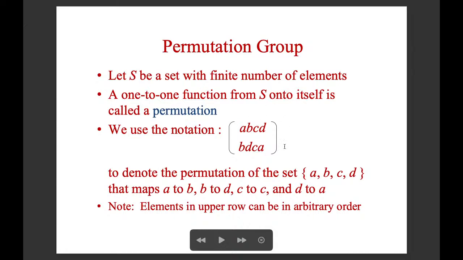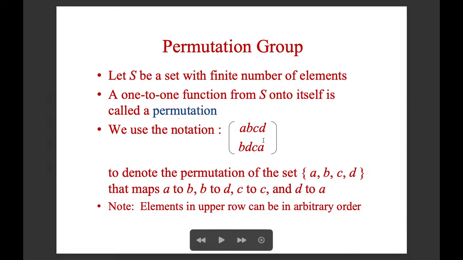You can think of this notation as a function. If you begin with A, it will be mapped to B. So function of A becomes B, function of B becomes D, function of C becomes C, and function of D becomes A. So a permutation can be thought of as a special type of function.